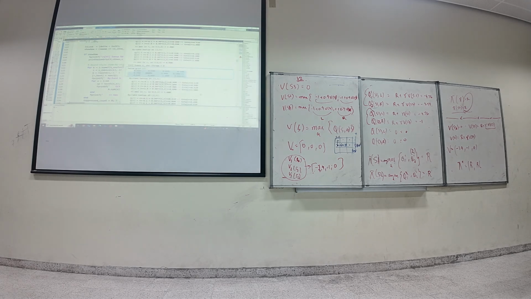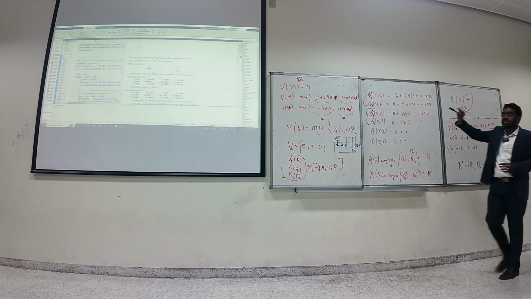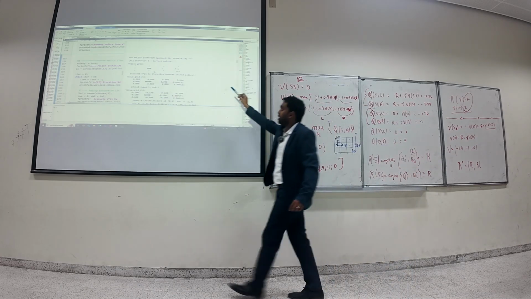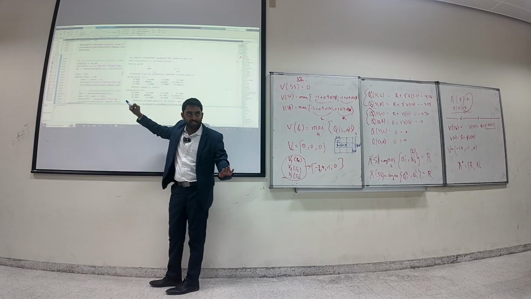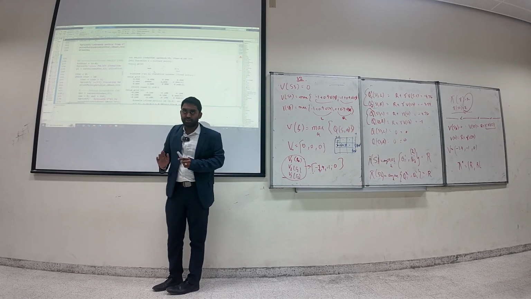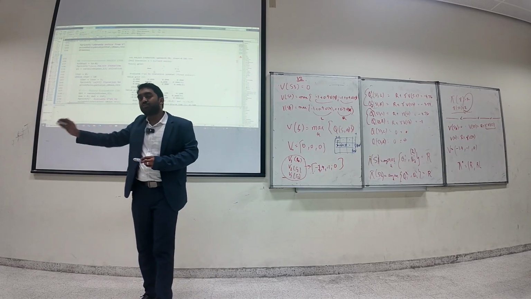Now if we do the same thing with policy iteration, initially you're starting with a policy. What does your initial policy say? Go up in all states. So that is your policy. Here you don't have to sum it over the actions. Why?